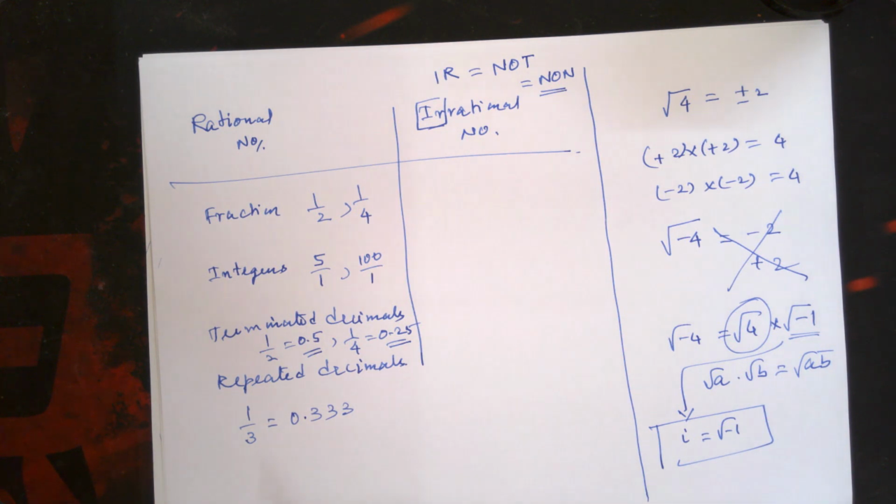Is it clear? Right. There will be some pattern here. So the 3 is repeated. This can be represented as 0.3 bar. It means the 3 is repeated. Are you able to follow this?